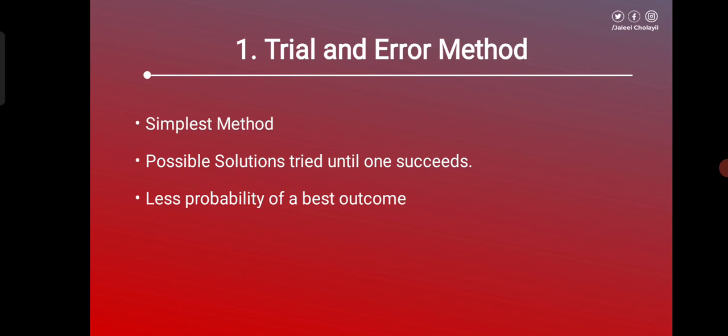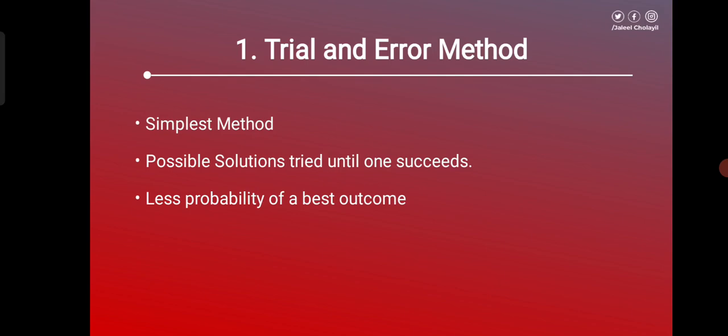So the simple logic is try again and fail again. We try until a successful solution is found. We may try multiple solutions, and we may use different solutions for a single situation.